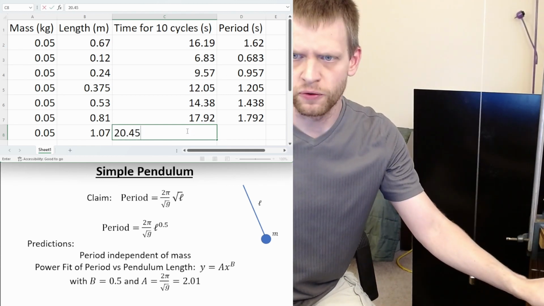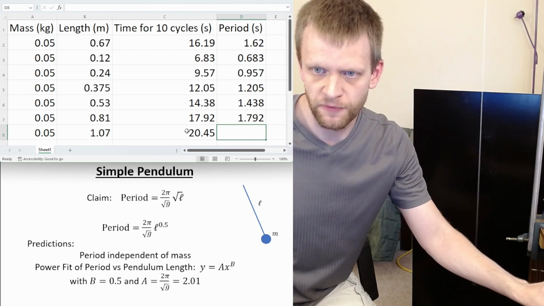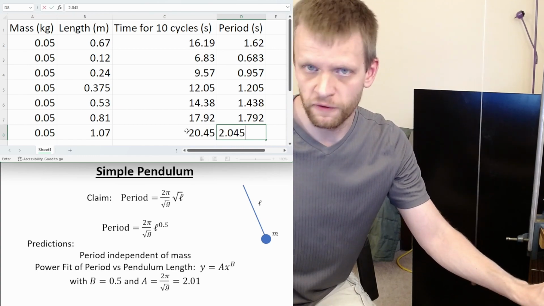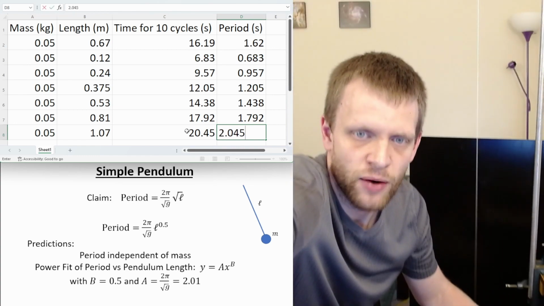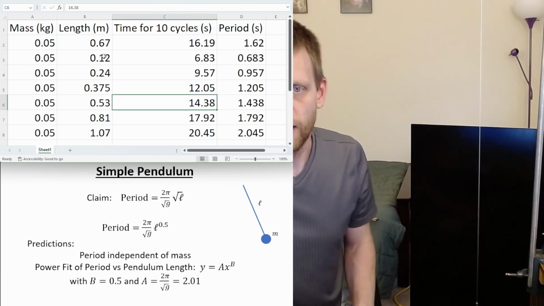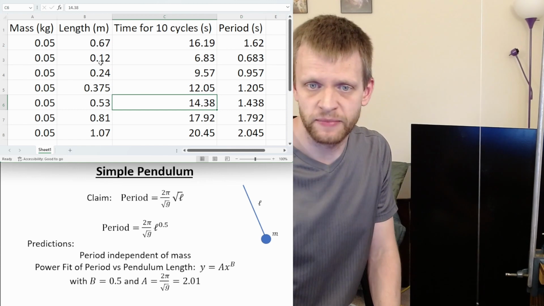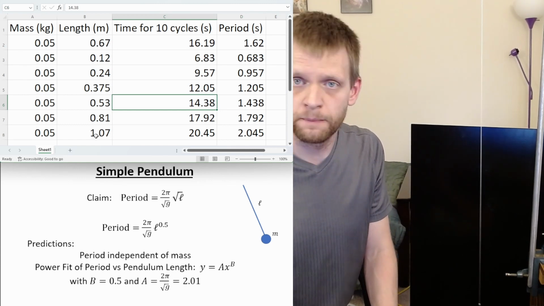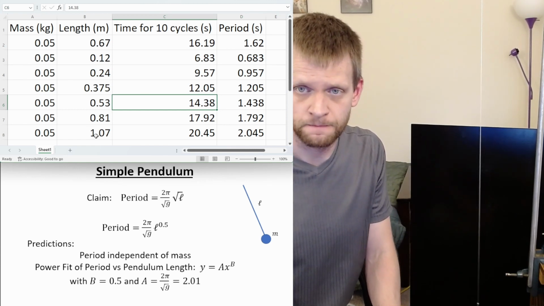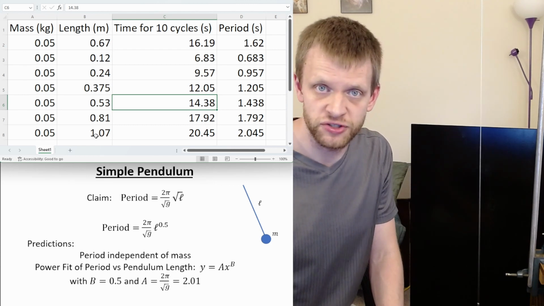So the time for 1 cycle would be 2.045. And now we've got data for 7 different pendulums, ranging from 12 centimeters long to 1.07 meters long. Okay. So this should give us some good data to work with.